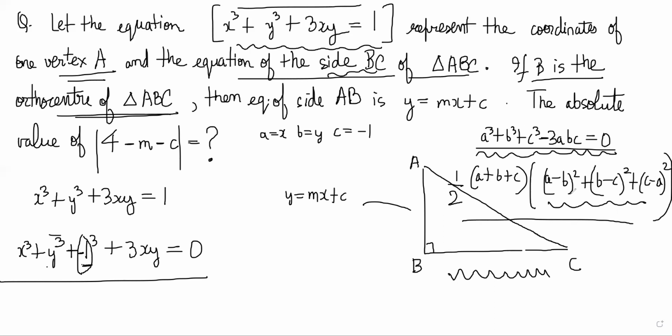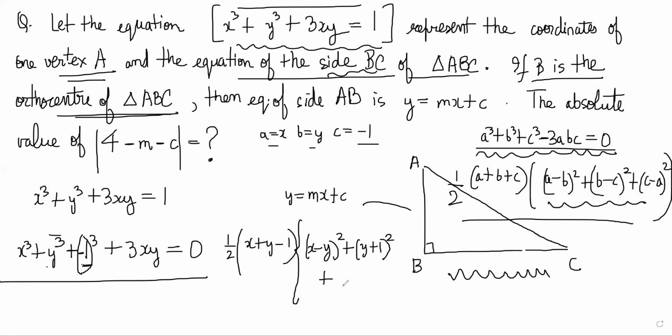If you put a, b, c as x, y and minus 1, you'll get half x plus y minus 1, and inside you'll get x minus y whole square plus y plus 1 whole square plus x plus 1 whole square is equal to 0.